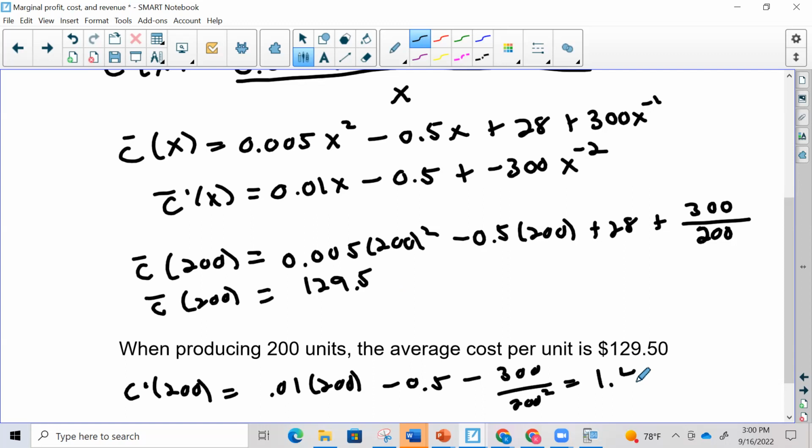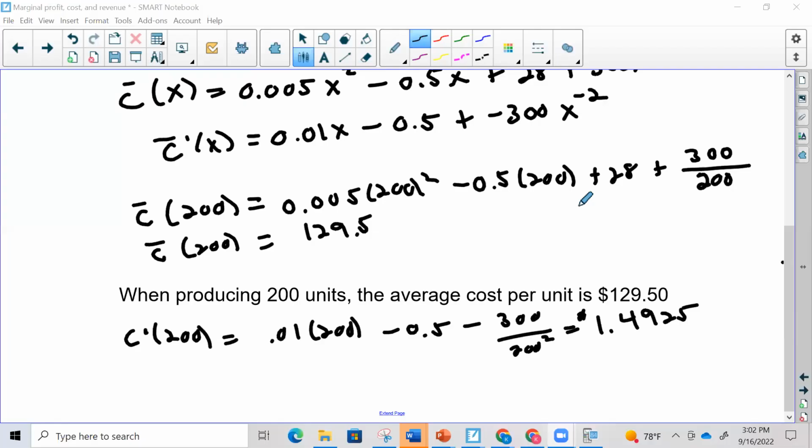It gives me 1.4925. So C prime of 200 is the derivative of that average cost. So it would tell us how much the average cost per unit is increasing or decreasing after producing 200 units.